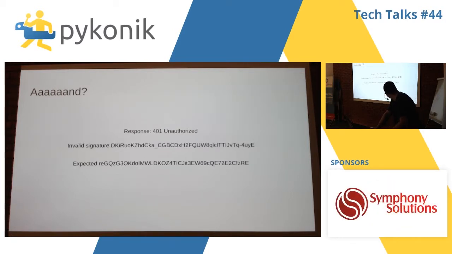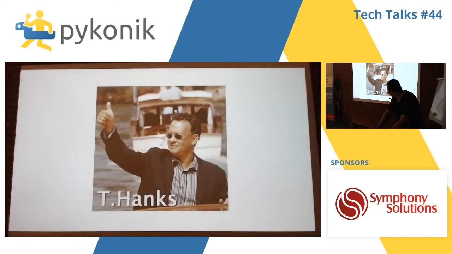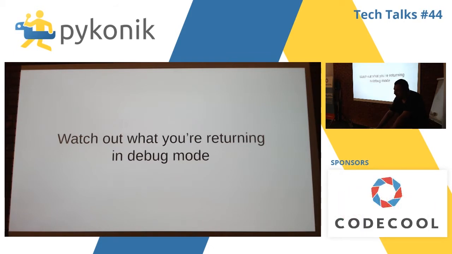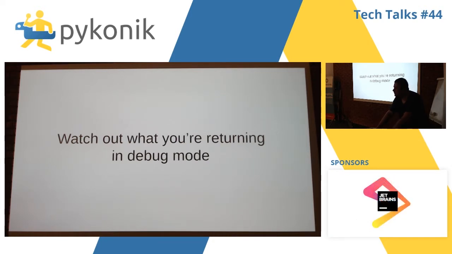Expected signature? Okay, I can use it. Thanks. So watch out. This was only available in debug mode, but as you know, debug mode often happens on production, so don't use that.